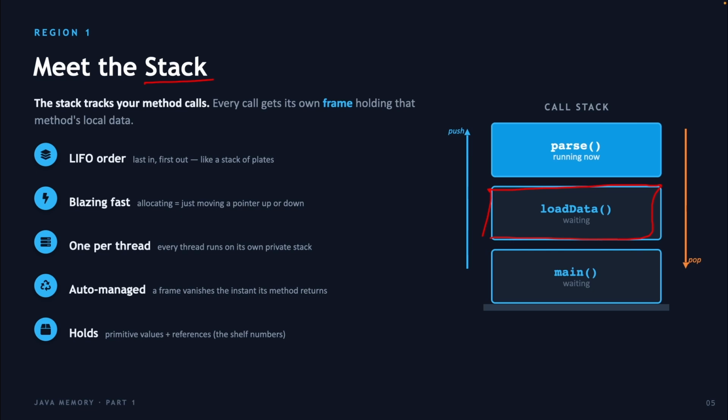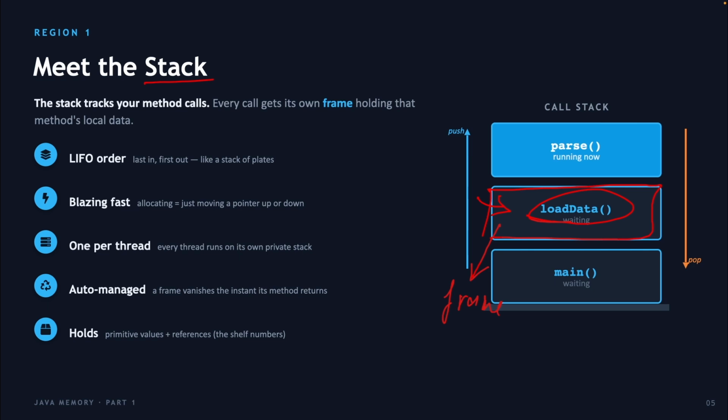That frame stores the method's local data, like primitive values and references. Whenever the method finishes, its frame is removed from the stack automatically. It simply disappears.